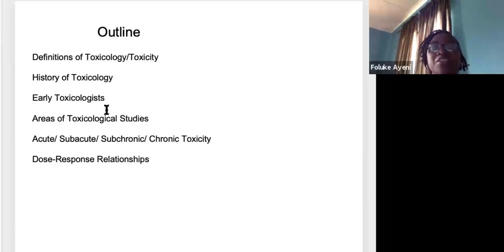We look at the different areas where toxicology studies can be carried out, and we will look at acute, subacute, subchronic, and chronic toxicity, and then those response relationships. I am hoping that we'll be able to do quite a bit today.